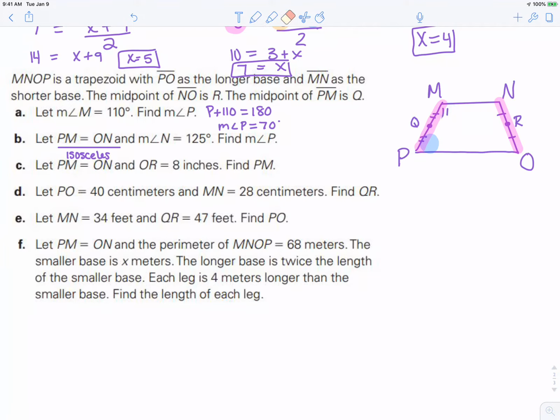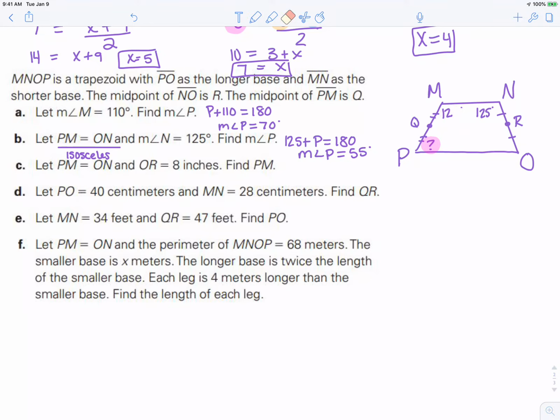The first thing I know, measurement-wise, is that angle N is 125 degrees, and I want to find angle P. Base angles theorem tells me that M is also 125 degrees because base angles are congruent in an isosceles trapezoid. Then leg angles are supplementary. So 125 added to angle P is 180. So the measure of angle P this time is 55 degrees.